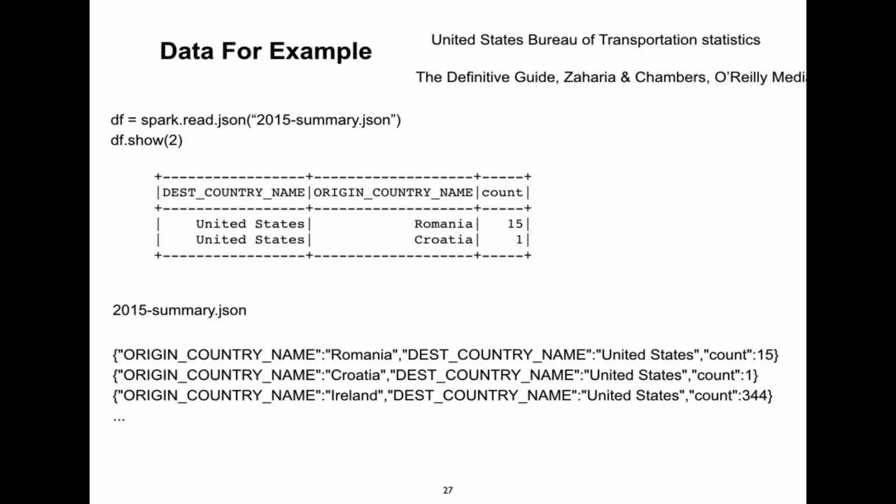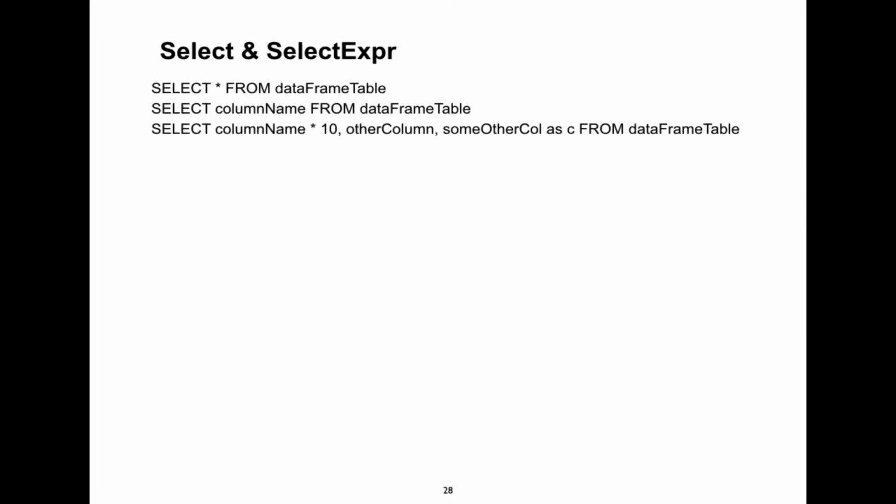Again, going back to the flights: origin, destination, count. Selecting, there's various options. Select everything, select a particular column, you can transform a column, keep it as is, rename it.